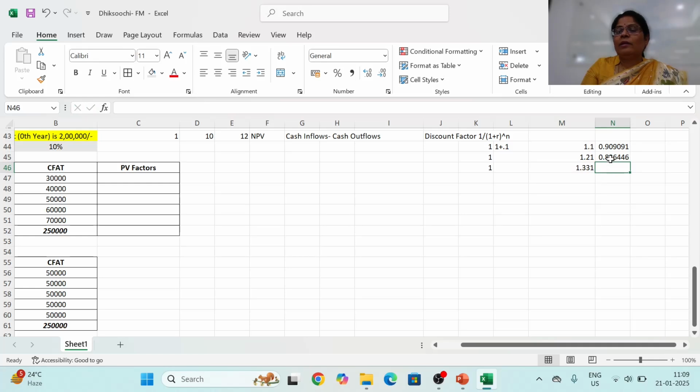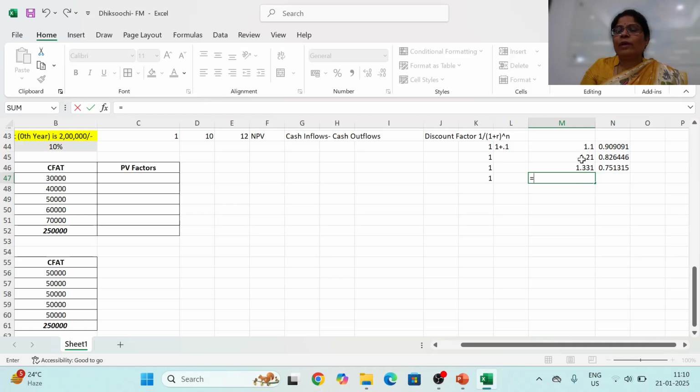So for the numerator, I just copy this value. For the fourth year, I need to take the power as 4. Power 2 into power 2 is also 4, so the power 2 value into power 2, again the same value.